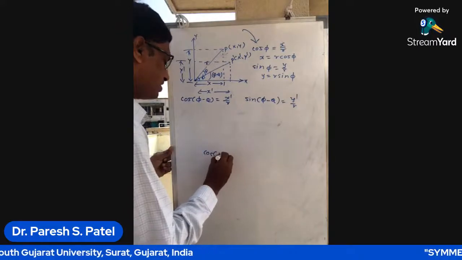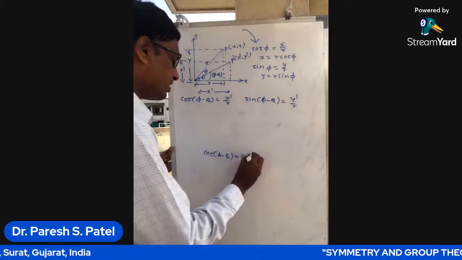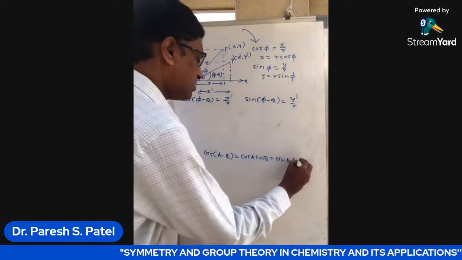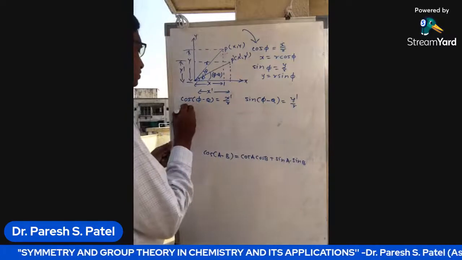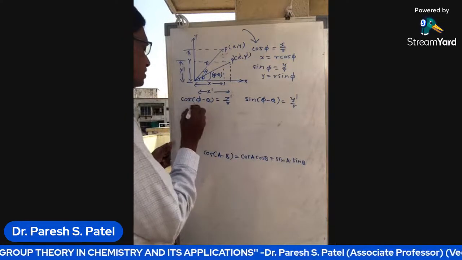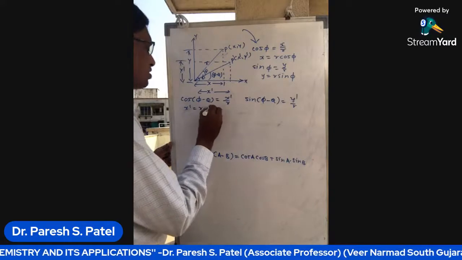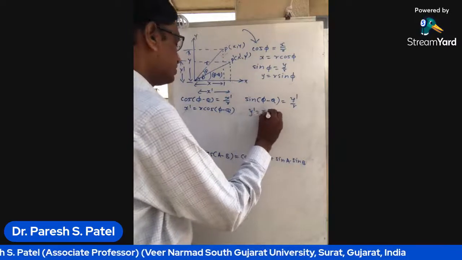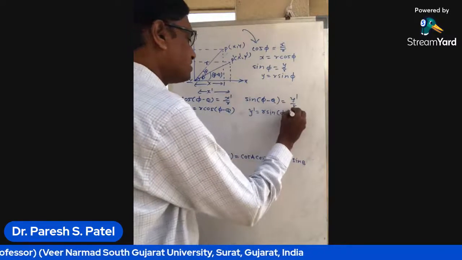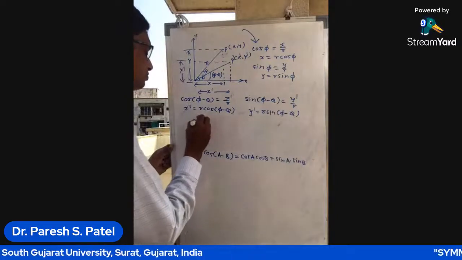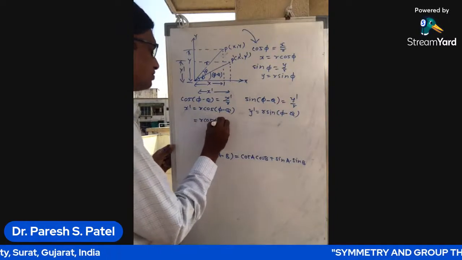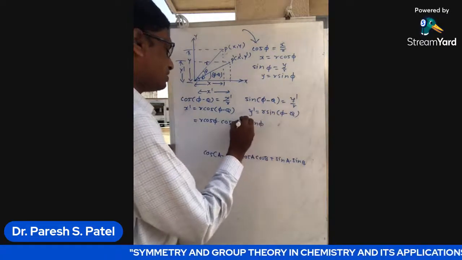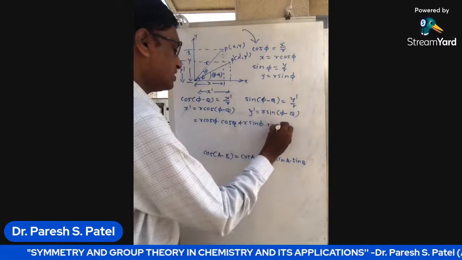So x dash is equal to r cos of phi minus theta. y dash is equal to r sin of phi minus theta, which expands to r cos phi cos theta minus r sin phi sin theta.